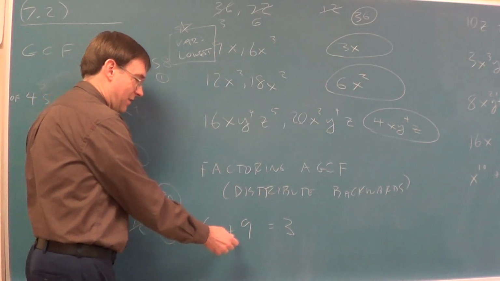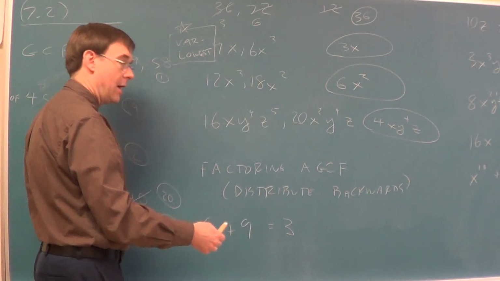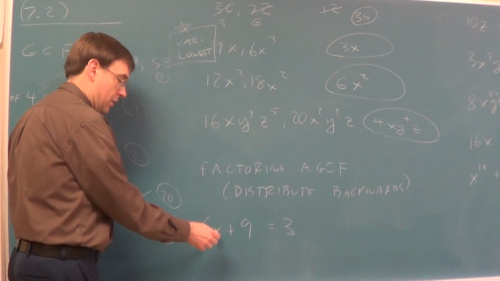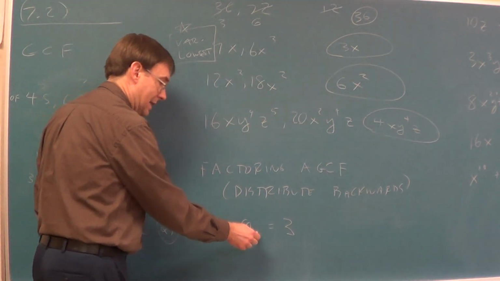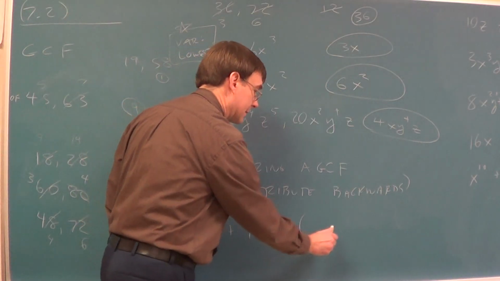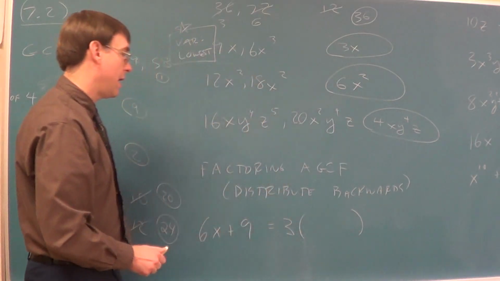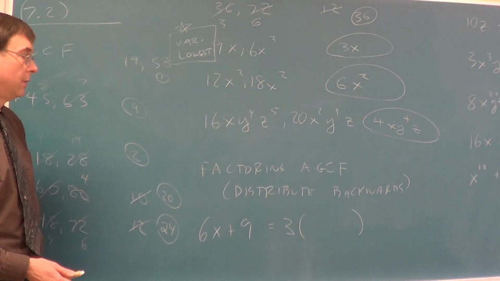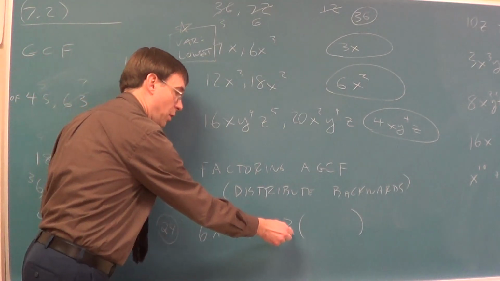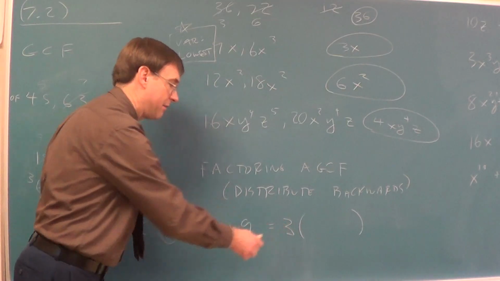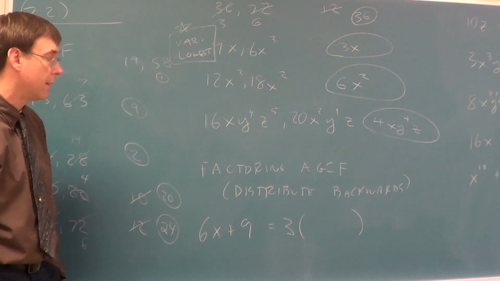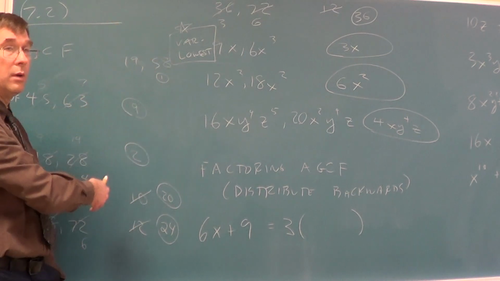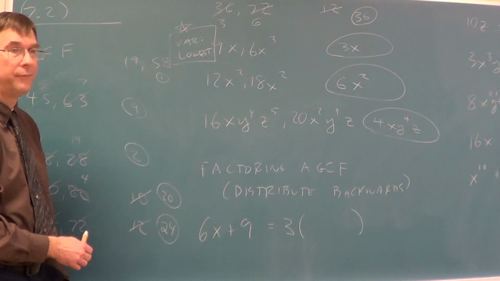If there's an x versus no x, take the lower one, which is no x. So if this has an x and this doesn't, we just don't get to take an x. What we're looking to do is create ourselves basically a distributing problem. We're distributing backwards. But the first step of this is put the GCF down in front of the parentheses we're going to make. Question about picking the 3, the way we've been doing pick a GCF so far.